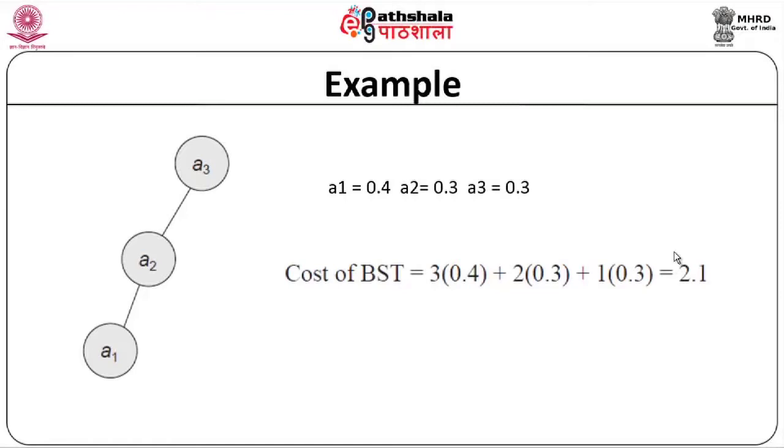A2 occurs at level 2, therefore it is 2 into 0.3, and A1 occurs in level 3, therefore it is 3 into 0.4. Put together, the cost of this particular tree is going to be 2.1.